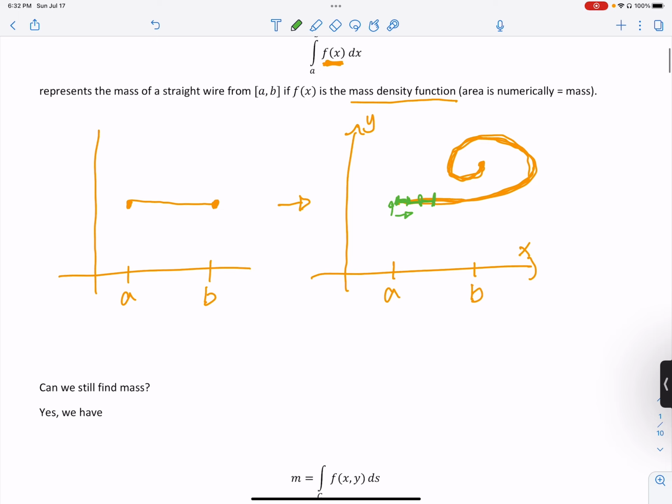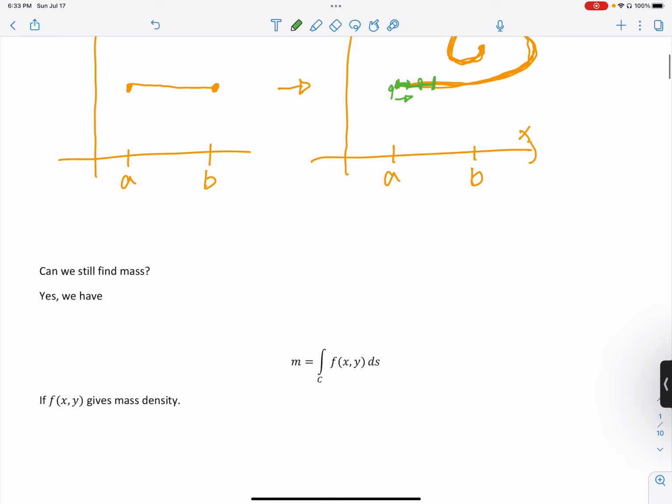Well, that function itself would be a mass density function if we're looking for mass. That function is now in terms of x and y. I don't need just an x, I need to know an x and y. And then this ds, remember, is arc length. This is adding the arc lengths up to get the mass of that wire. So this tells the mass density, right?